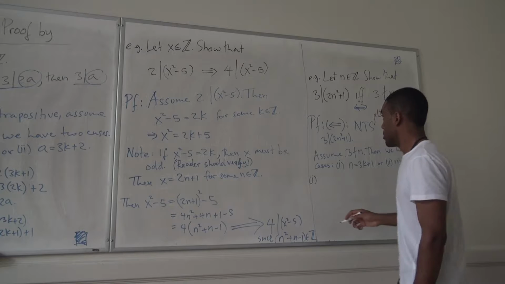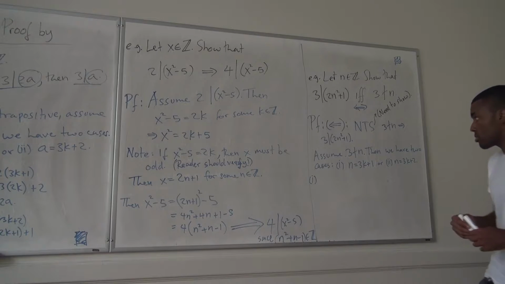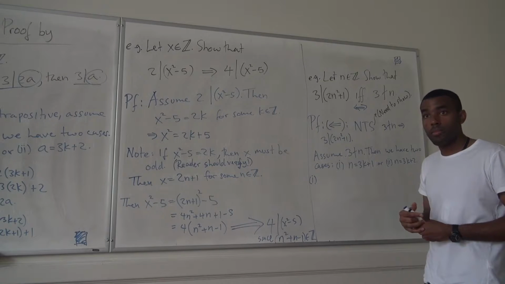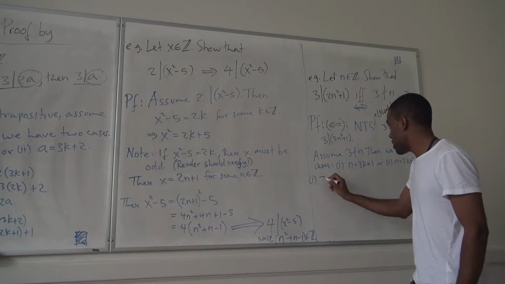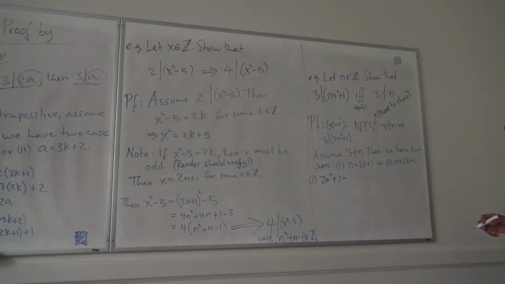In case 1, what do we have? What would we write? Start out with 2n squared plus 1, and we're hoping that we can write that as a multiple of 3.